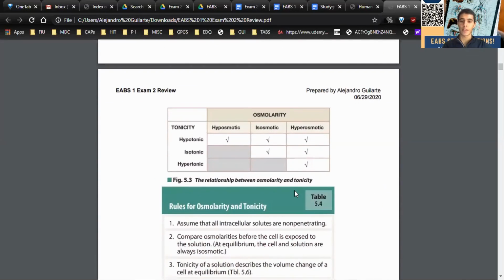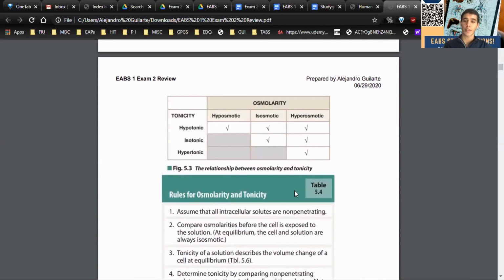This chart relates to conditions where tonicity and osmolarity could and could not be related. If you're hypoosmotic, then chances are you could be hypotonic. If you're hypoosmotic, you're for sure hypotonic. But if you're, let's say, hyperosmotic, then you could be hypotonic, isotonic, or hypertonic.